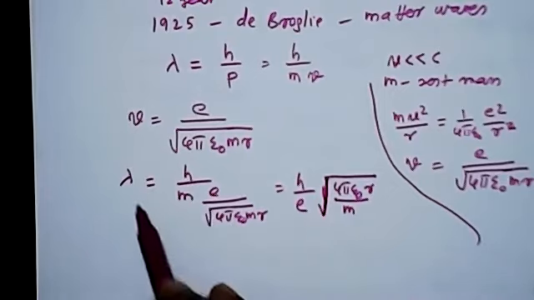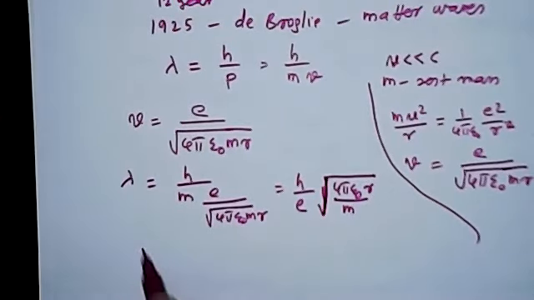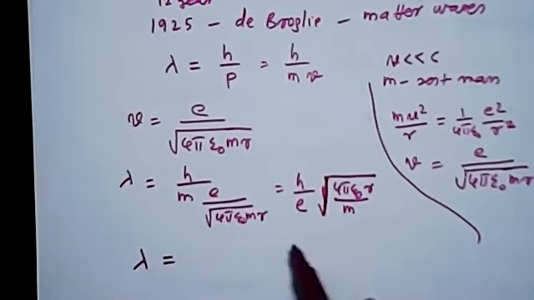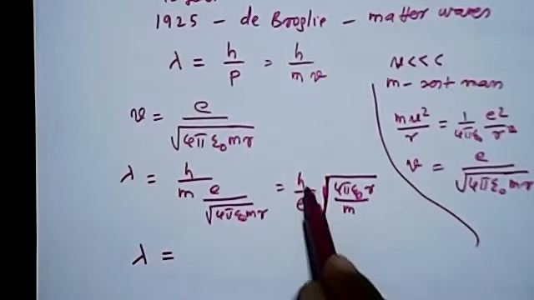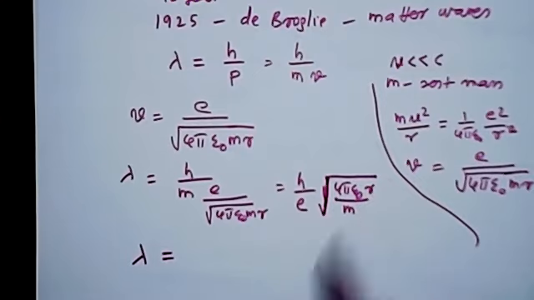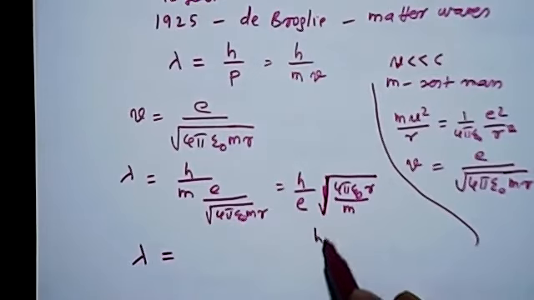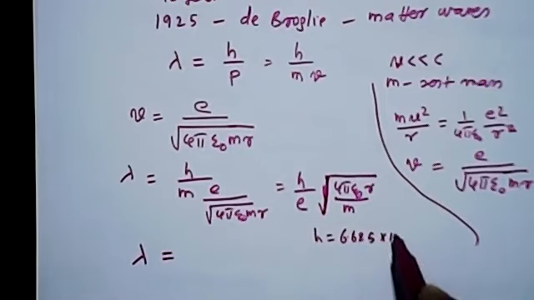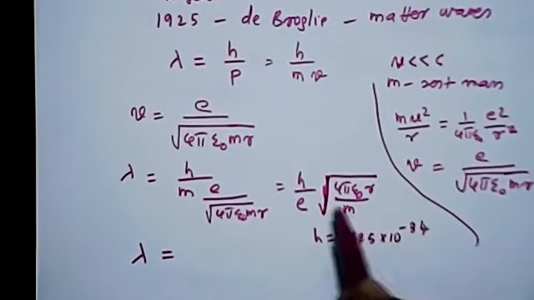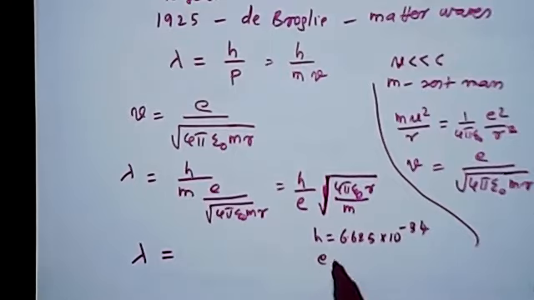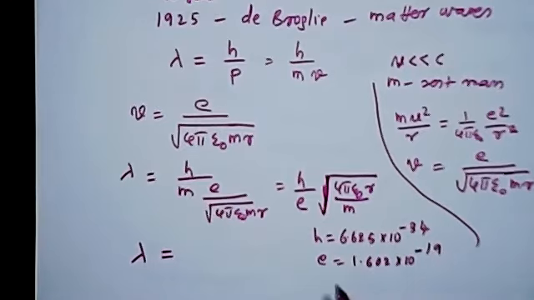Now calculate lambda, substituting all the values for h, e, r, m and epsilon 0. We know h, Planck's constant, is 6.625 into 10 to the power of minus 34, and e, the electronic charge, is 1.602 into 10 to the power of minus 19 coulombs.